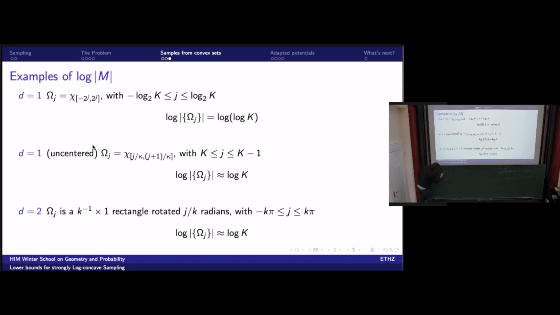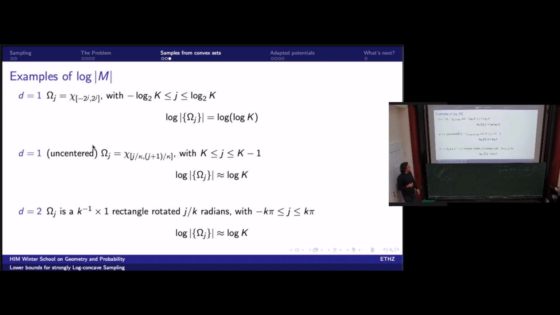A rectangle that is approximately kappa by kappa to the minus 1, and if I pick the angle appropriately, I can put roughly kappa squared rotated copies of the same thing, and they're essentially disjoint again. What this tells me is that the difficulty of sampling in dimension 2, at least in this convex setting, is going to be at least log kappa squared, which is log kappa.